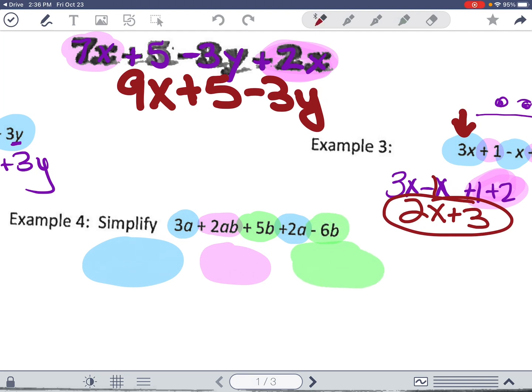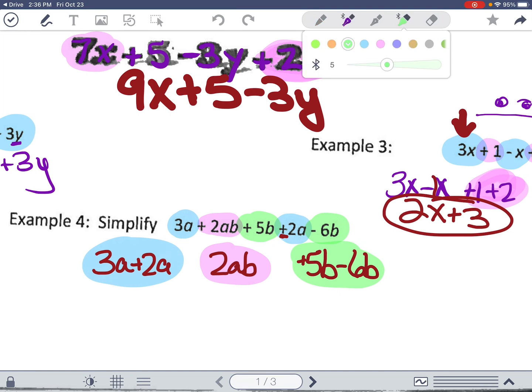So now I'm just going to put my terms that are alike together. And I put plus 2a because there was a plus symbol in front of that 2. Then I have 2ab. There's nothing else to put in that pink circle. And in the green circle gets a positive 5b, take away 6b. Now I'm going to combine what's in the circles if I can.